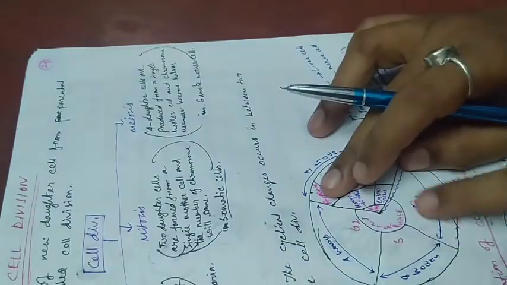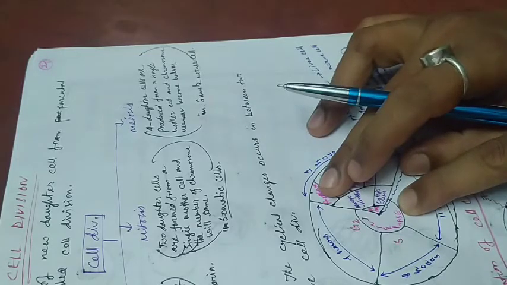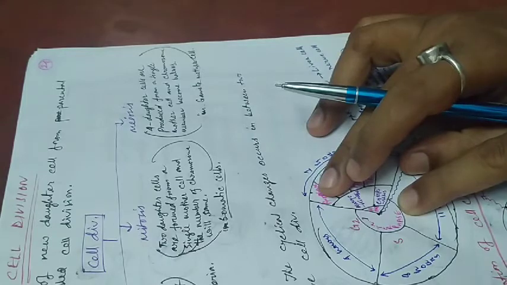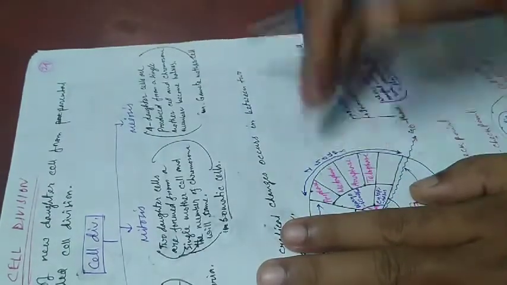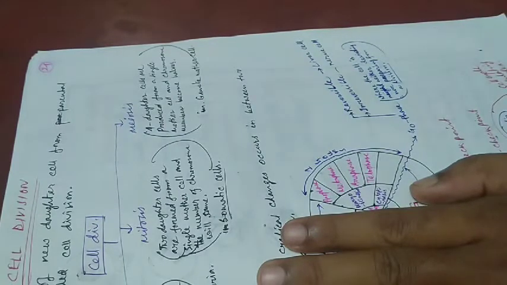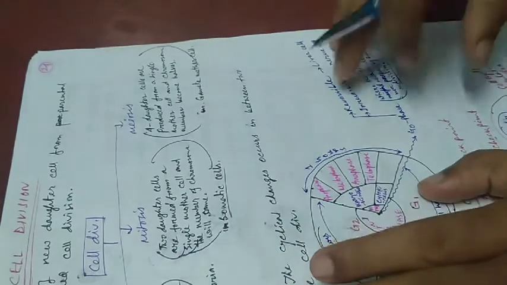In interphase, the new cell gets prepared for the next cell division. In the mitotic phase, a parent cell gets divided to form new daughter cells.